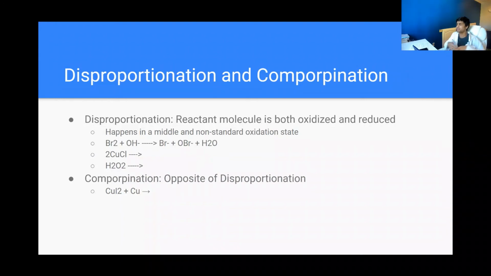The highest you can go is like +5, I think, in bromate. So it will react with hydroxide to form bromide, which is -1, or hypobromite, which is +1. So the Br2 is both oxidized to give OBr and reduced to give Br.